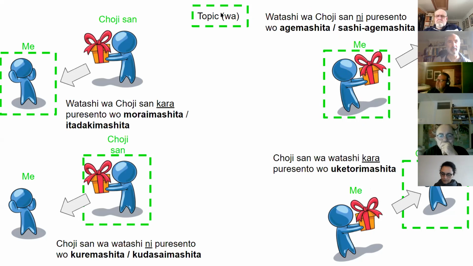When the recipient is the subject, when the person who's receiving is the subject, that's when we use kara. So it's to say it's coming from somewhere. From my perspective, from the subject's perspective, the present is coming from somebody else. That's when we use kara. So when it's to someone.